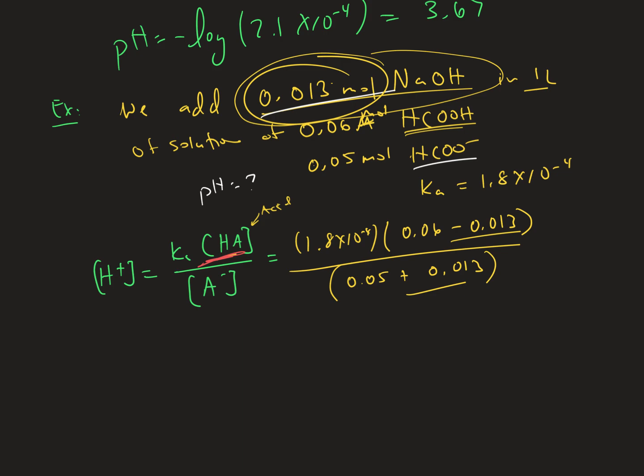When we add a strong base or a strong acid to a buffer solution, if we add a base, it changes the pH to more basic, right? And that makes sense in our mind. It's going to make it more basic. If we add a strong acid, it's going to make it more acidic. So that's why we subtract it from our acid, making it more basic. We add it to our base, making it more basic.